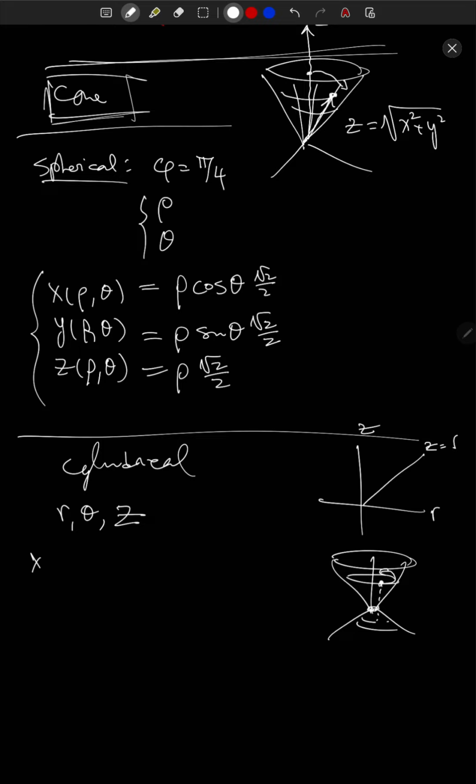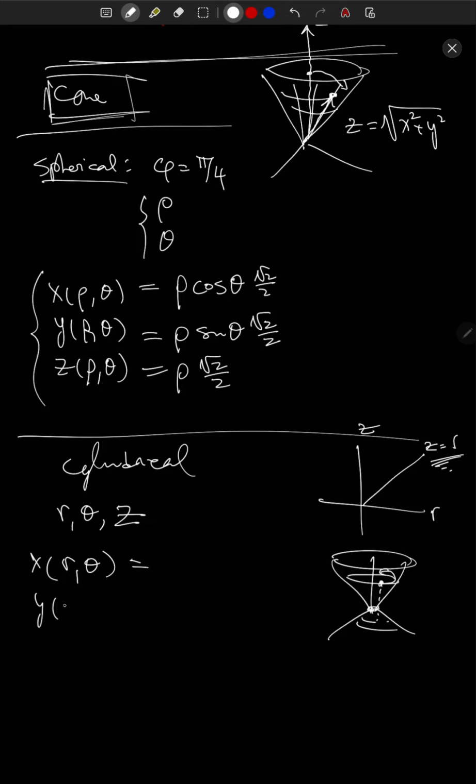So r is equal to z, which means we can choose one of them to be our parameterization variable, and the other is easily converted just by z equals r. It depends on whichever one you find more natural. Let me just use r and theta.